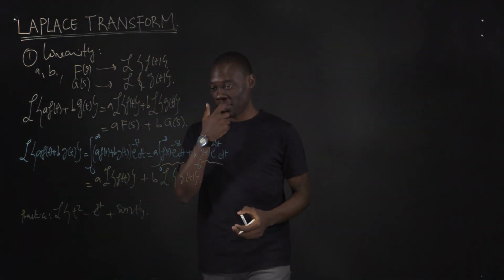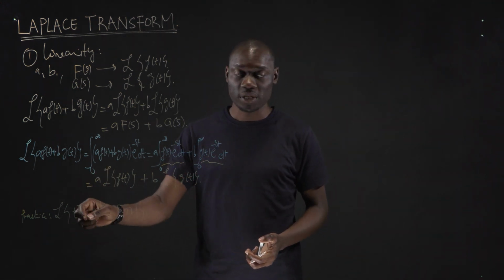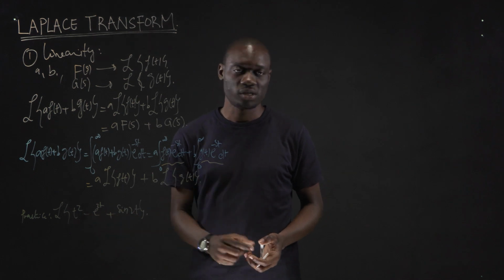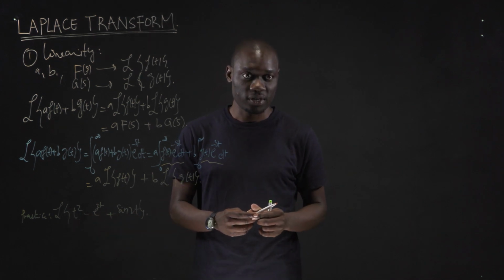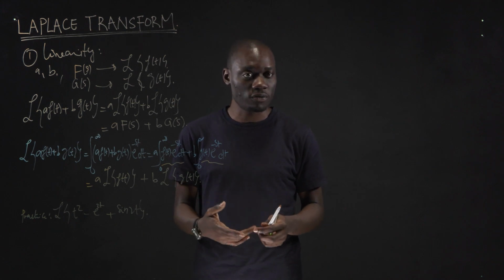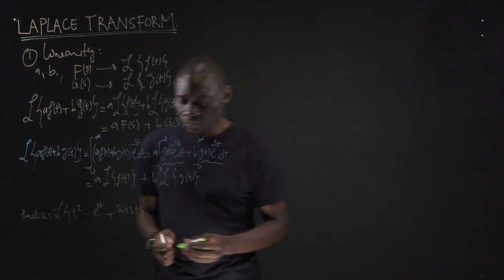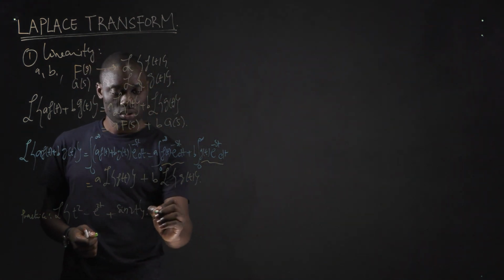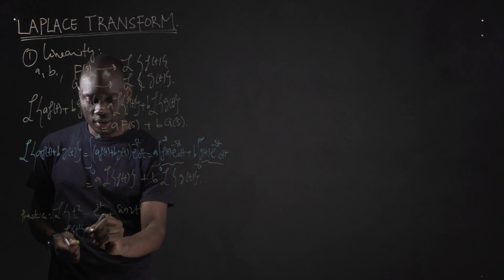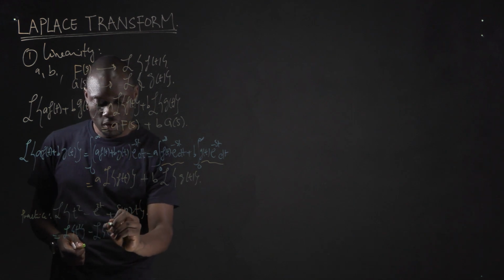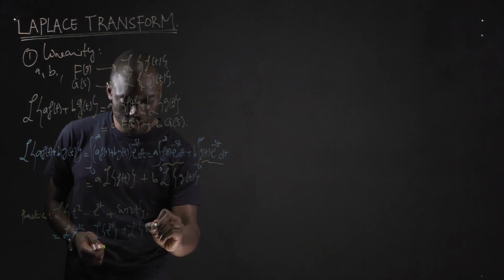We realize that the Laplace transform of this will be simply equal to the sum of the Laplace transforms of each of the functions because of the linearity property, meaning that the Laplace transform conserves the additive property. So this will be equal to the Laplace transform of t squared minus the Laplace transform of e^(2t) plus the Laplace transform of sine 2t.